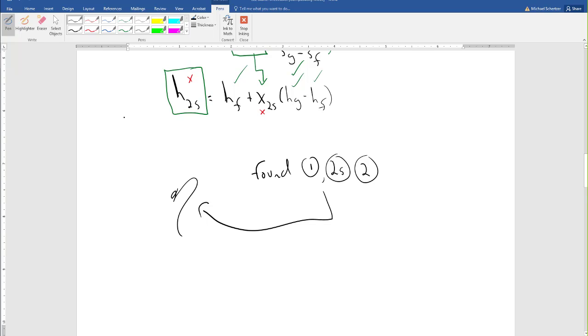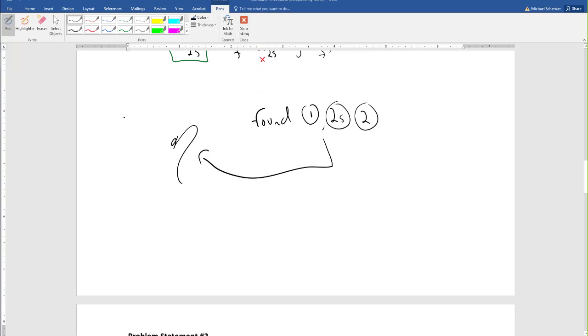But on an exam, there are different permutations of allowing you to demonstrate the same kind of information. So I can also maybe give you state 1 and state 2s, and then you can use that and the efficiency to find state 2. And that's what our second example is going to do here.